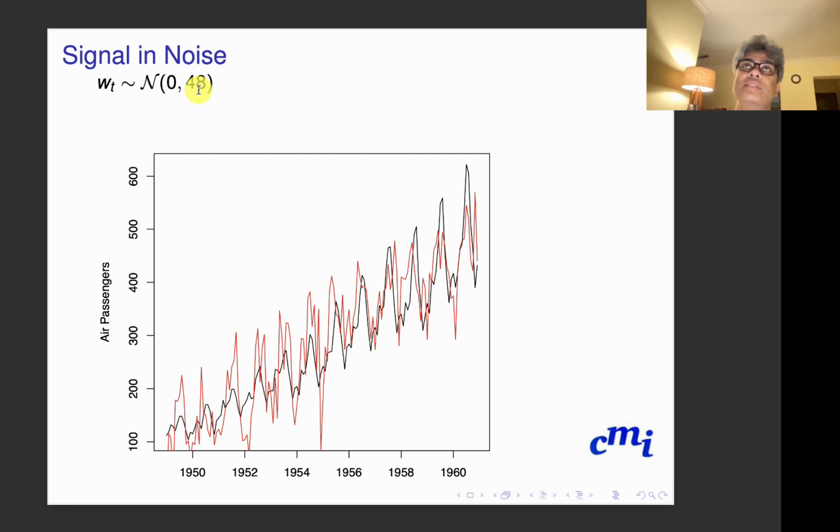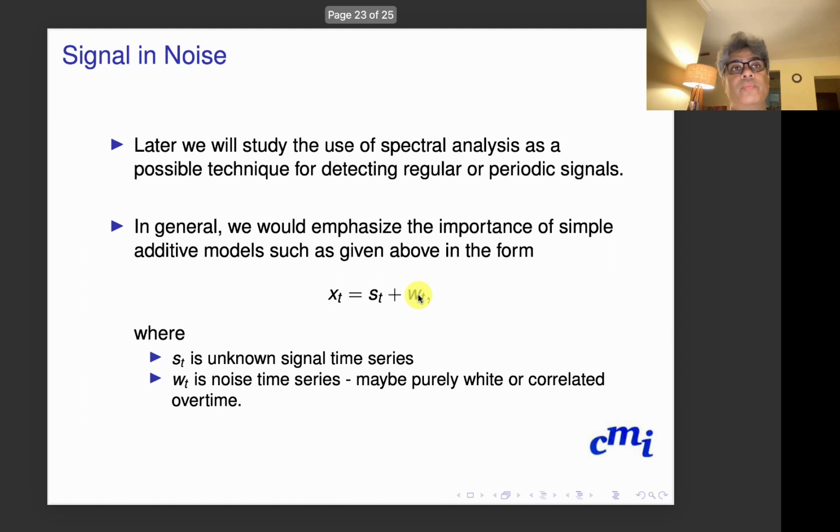Now we increase the sigma to 48, and the simulated random signal is much more jittery. So the jitteriness of the time series depends very much on the sigma scale parameter of the white noise.